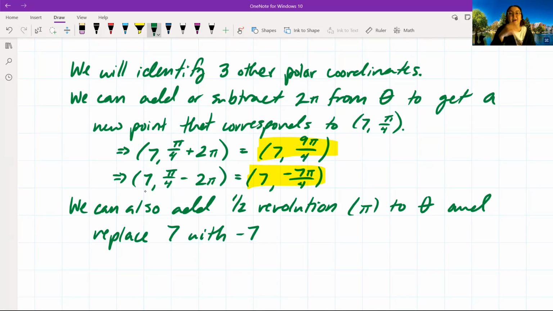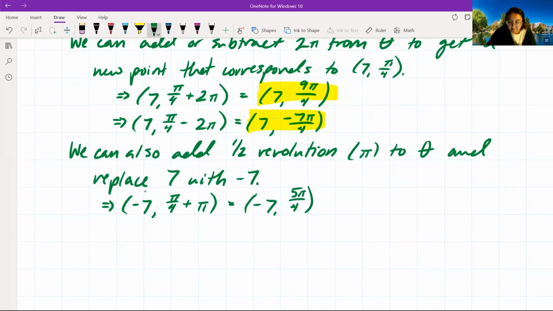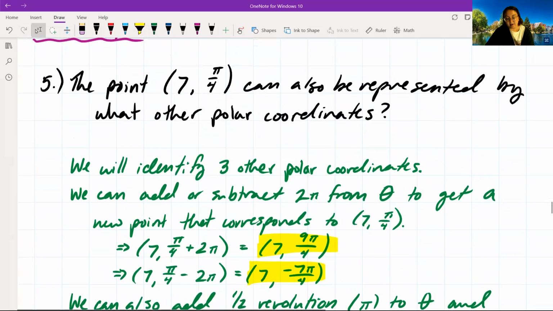So you can replace whatever number you have with its opposite, in addition to adding 1/2 of a revolution to theta. Remember, they're on the same ray, they're just pointing in a different direction. If we do this, we end up with -7, pi over 4 plus pi, which then simplifies to -7, 5 pi over 4. So those would be 3 points that also represent our polar coordinate.